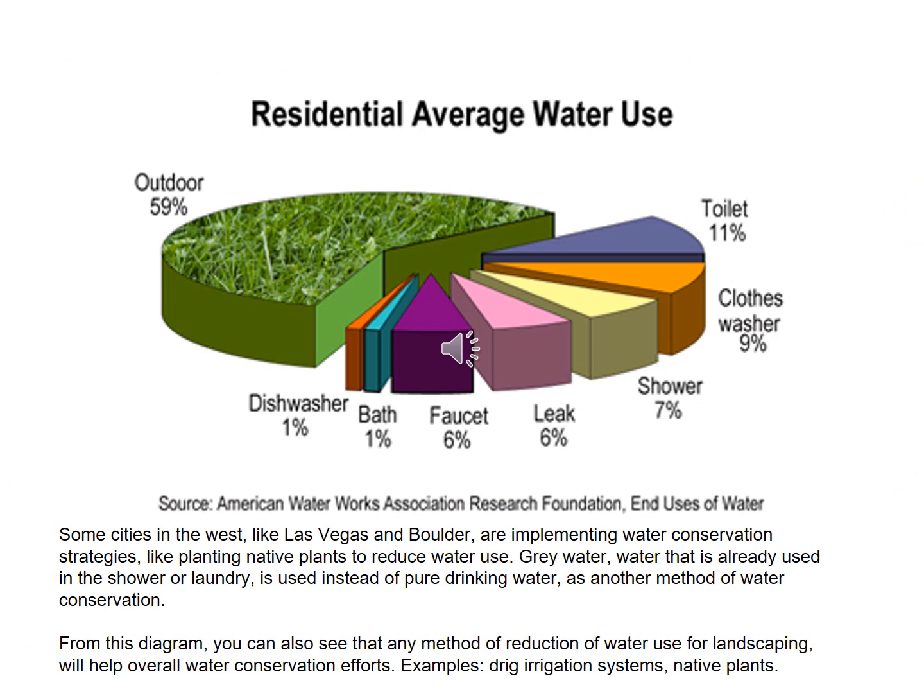Landscaping is also a really big water consumptive practice by humans. The outdoors of homes takes about 60 to 70% of the residential water use. You can see there clothes washing, shower, toilets, leaks, faucets. Those take a sizable portion, but nowhere near what it takes in the outdoor portion.